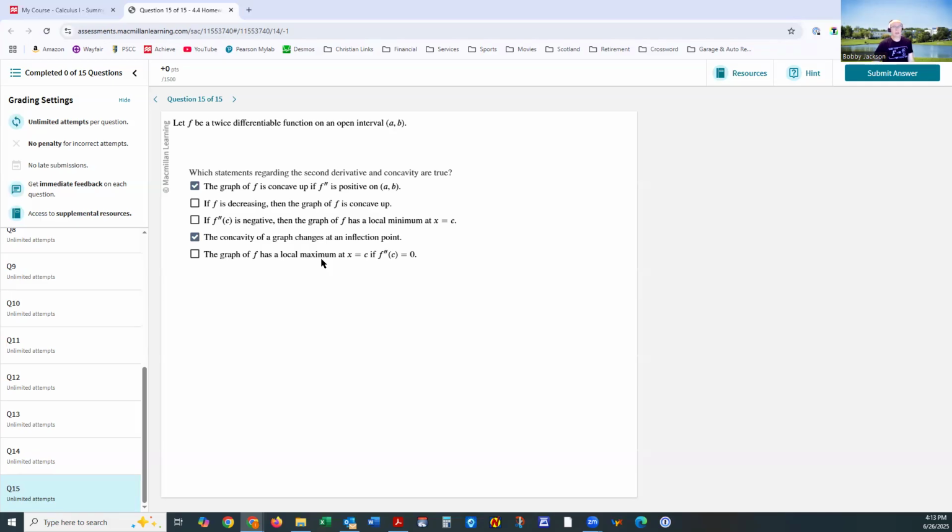We would probably have to have some information about what's happening at the first derivative. So if the second derivative is zero, we could have a local max, we could have a local min, or we could have neither. It just depends. We need some more information about the first derivative. So this is not necessarily true. Now, if we knew the sign check of the first derivative, we might be able to answer this question.